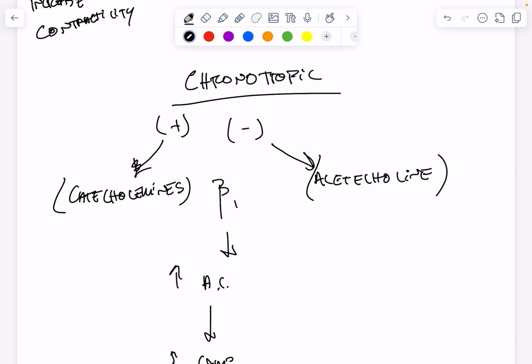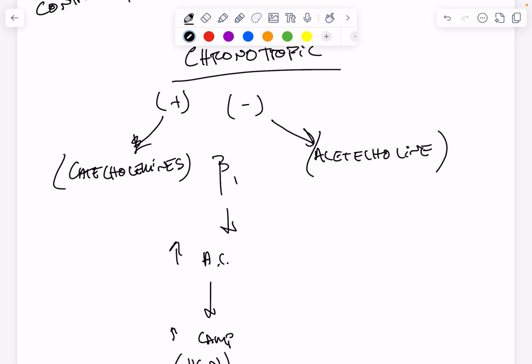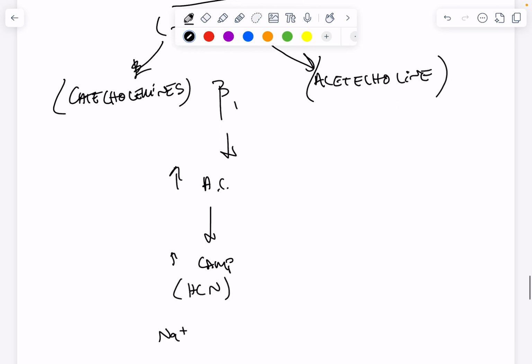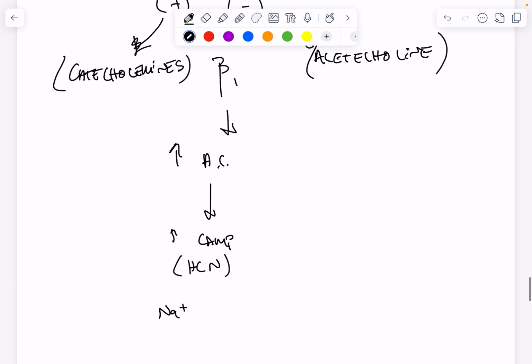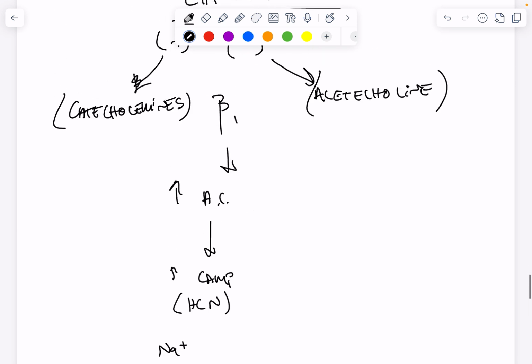So if the rate at which the heart is beating increases, that means it is responding to catecholamines, which is going to increase the beta 1 adrenergic receptor, adenylyl cyclase, cAMP, and sodium, increasing the slope of the membrane potential, which is going to increase heart rate. It can also do it by phosphorylating. cAMP can increase PKA, which increases calcium influx.